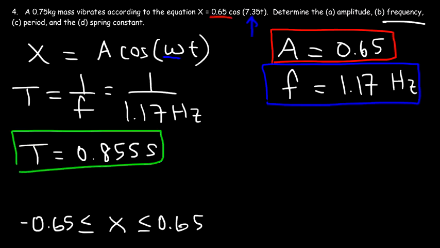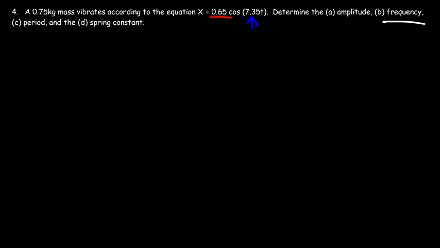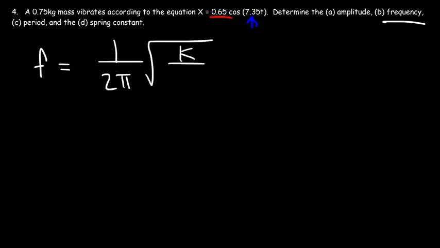So the last thing we need to calculate is the spring constant. So what formula can help us to do that? Well, we know that frequency is 1 over 2 pi times the square root of k over m. So the first thing I'm going to do is multiply both sides by 2 pi, so I can get rid of this.